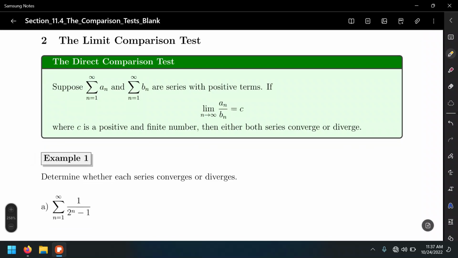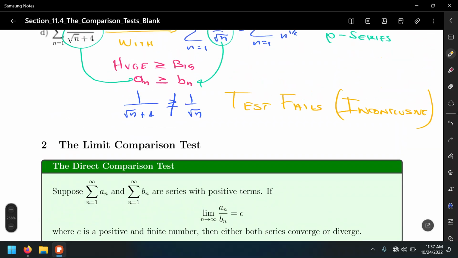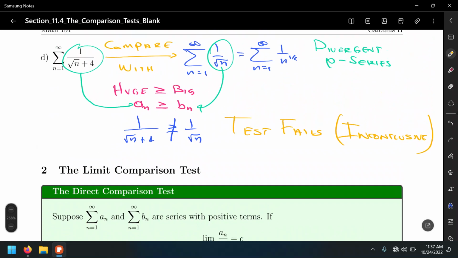And well, the first part of the limit comparison test will be exactly the same, in which we're given an ugly looking series. We need to get a simpler series, and that simpler series is easy to determine whether it converges or diverges. Question? So in this case, well, we're going to use that same piece of information, and in this case, we're not going to set an inequality, tiny less than small, huge greater than big.